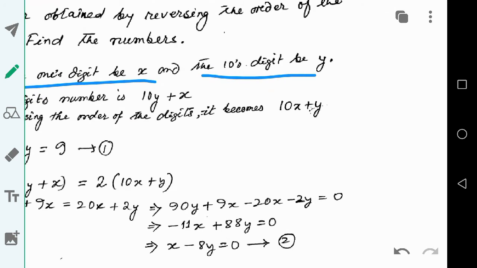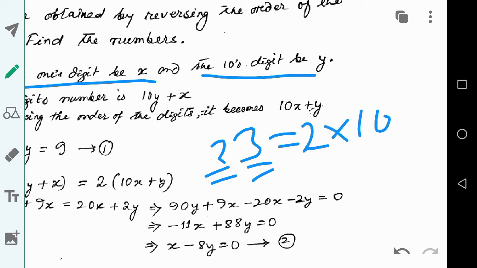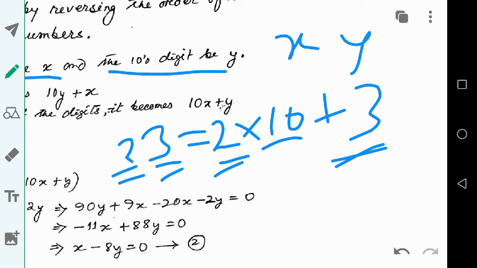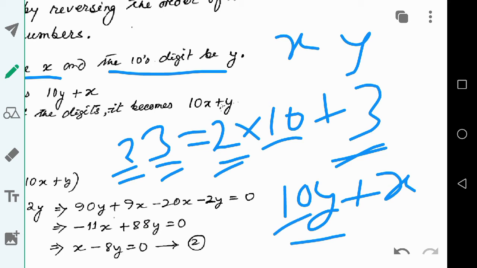Suppose you have a 2-digit number 23, then 2 is the tens digit and 3 is the ones digit, and it can be written in expanded form as 2 into 10 plus 3. That means 10 into tens digit plus ones digit. So if we consider the ones digit as x and the tens digit as y, then we have to write the number as 10y plus x.